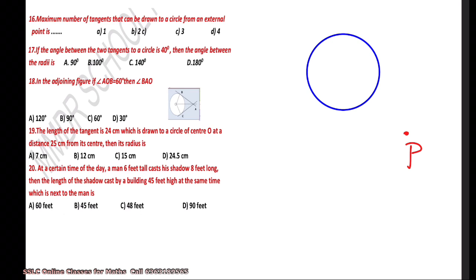If I am drawing a line as a tangent here, it is touching here. When drawing another line, it is touching here. At two places it is going to touch the circle. Other than this I cannot draw a tangent, right?